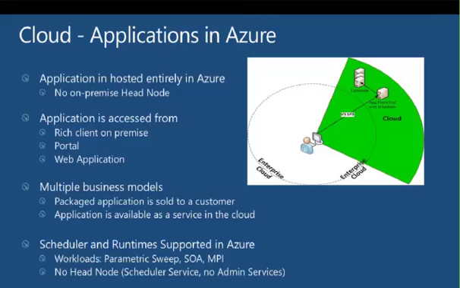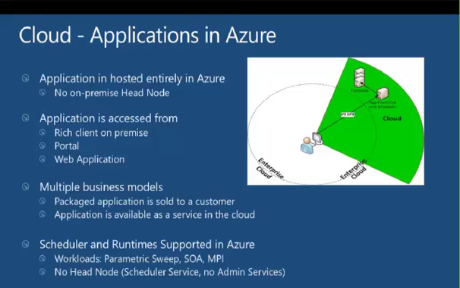That's one way of accessing either local or remote resources. Then there is using a portal. Essentially you have a website which allows you to start running these long, very compute-intensive workloads, and then finally using a web application that has been customized for that.